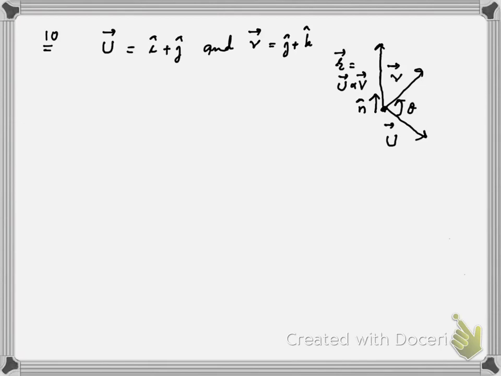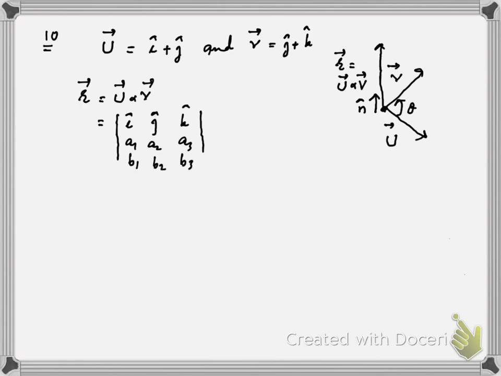So for that, first we find vector R, which is equal to u cross v. It is equal to the determinant of order 3 by 3: first row i j k, second row a1 a2 a3, third row b1 b2 b3. a1 a2 a3 are the components of the first vector, vector u, and b1 b2 b3 are the components of the second vector, vector v.